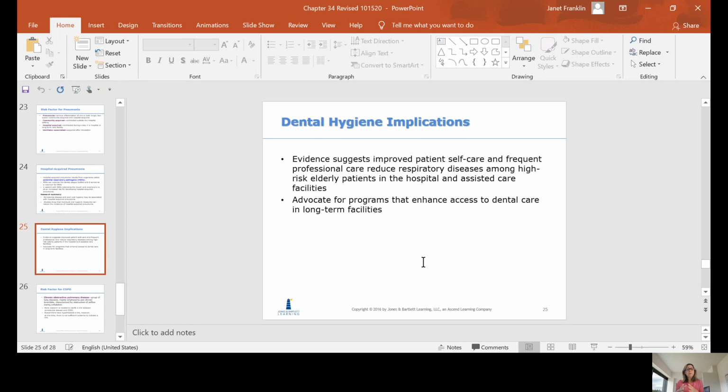So this is more important when you're talking about nursing home patients, and usually this would be in conjunction with other professionals, interprofessionally. You would be working with the nursing staff probably in a long-term care facility on these kinds of infections.